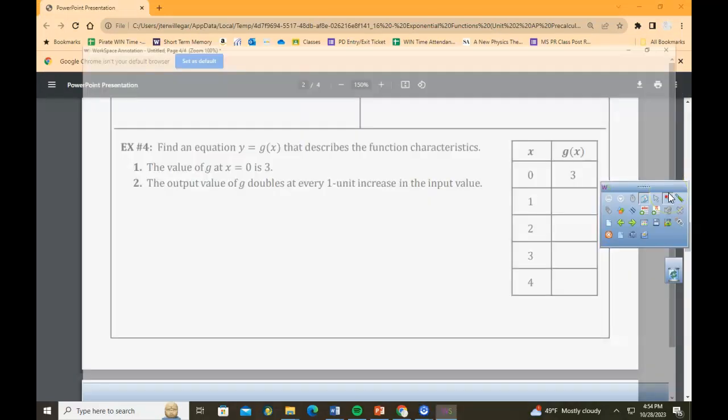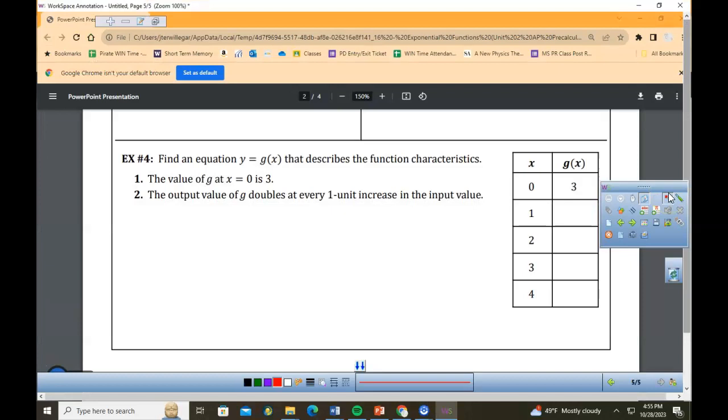Let's look at number 4. Let's make an equation that has the following characteristics. The value of g at 0 is 3, and the output doubles every 1 unit increase. All right. So, oopsie, I have an initial value, don't I?